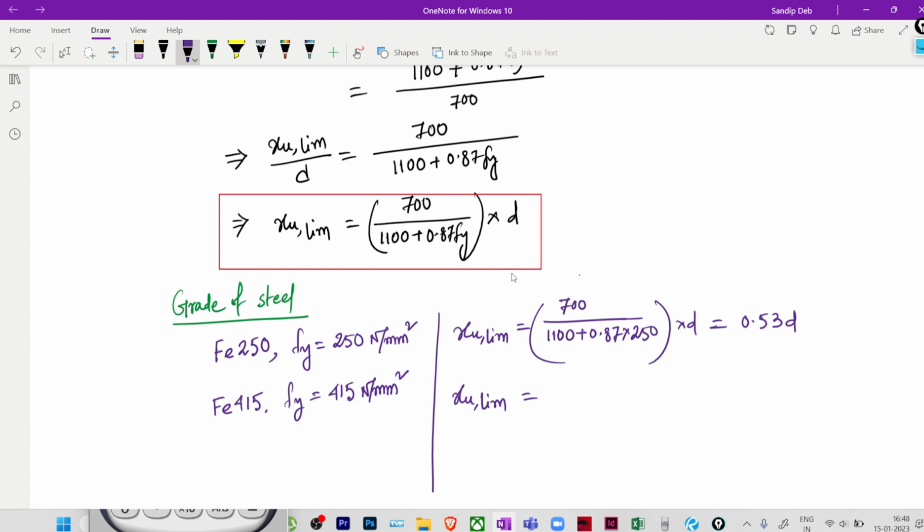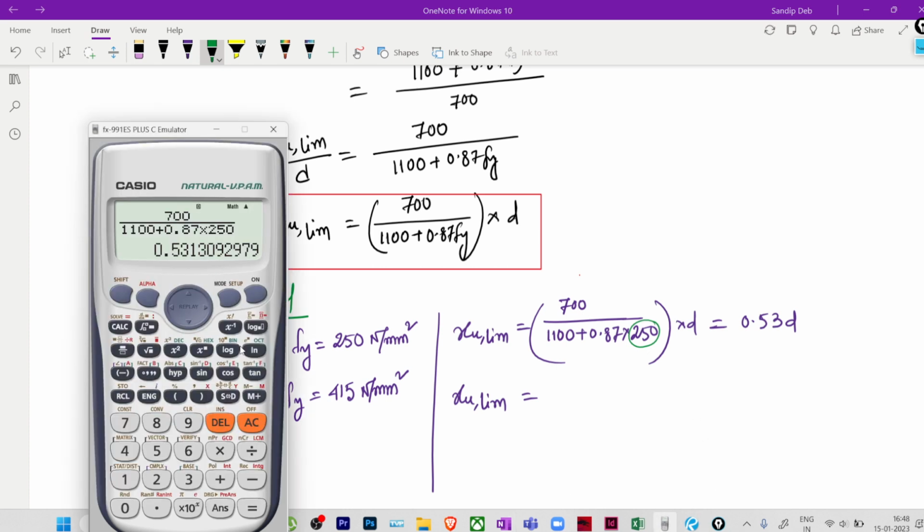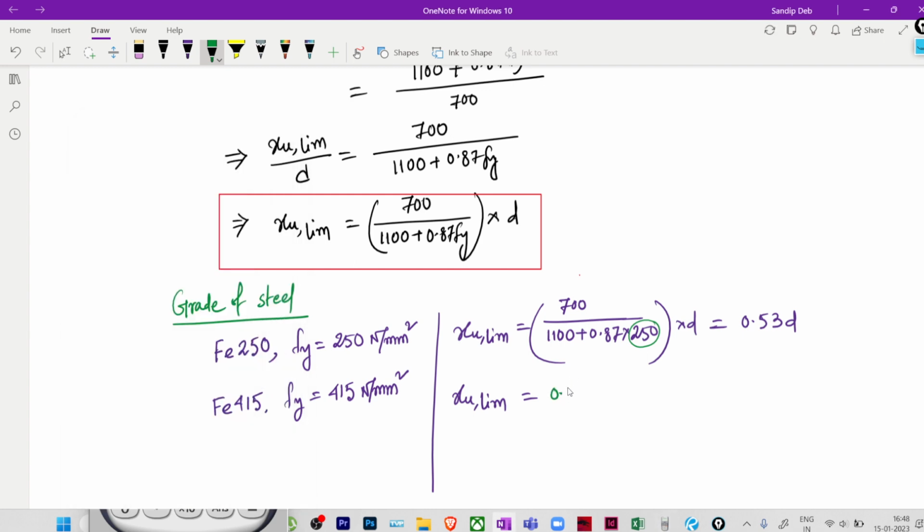We just have to replace this here by 415. We are getting a value of 0.479 d, which will be equal to 0.48 d.